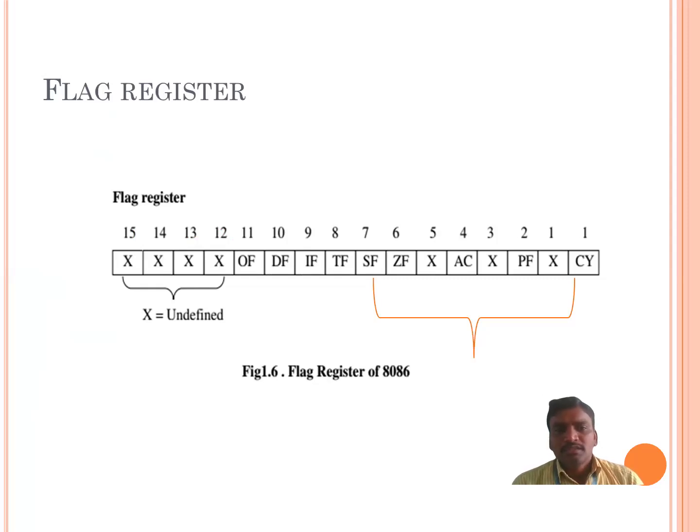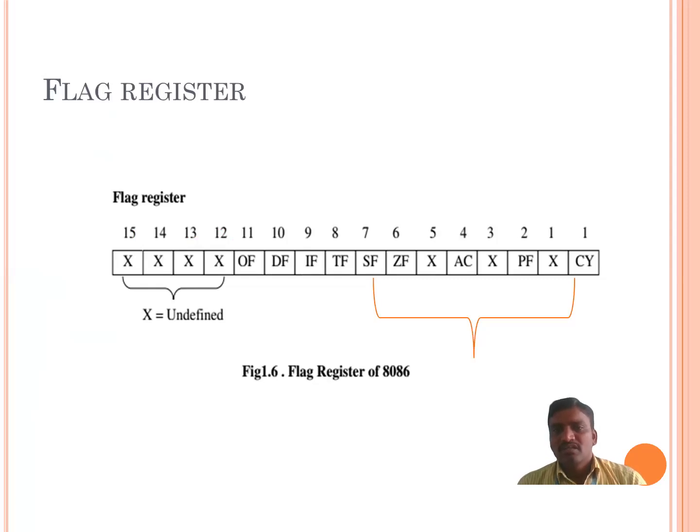In the 8086 microprocessor, there are a total of 9 flags. These 9 flags are divided into 2 categories. The first one is conditional code flags, and the second category is control flags.